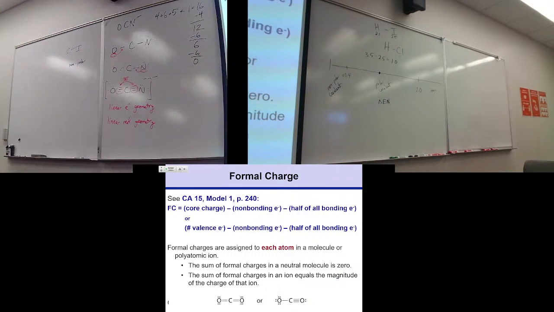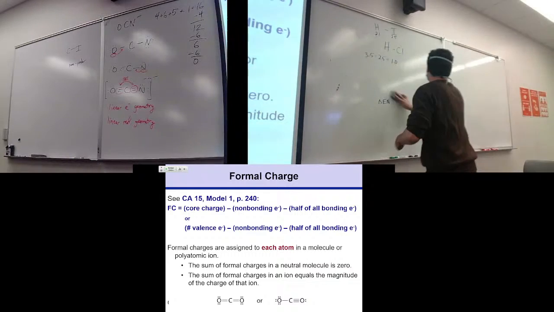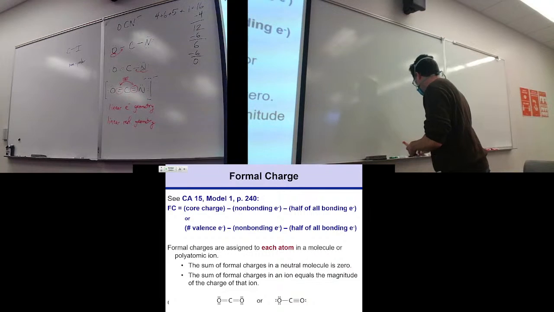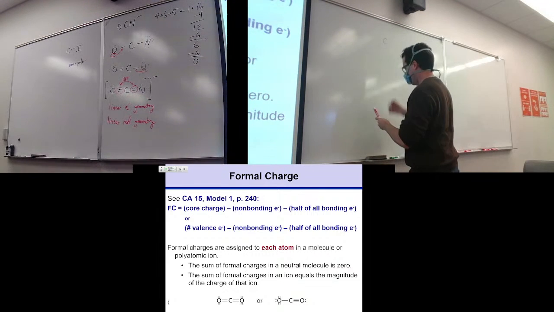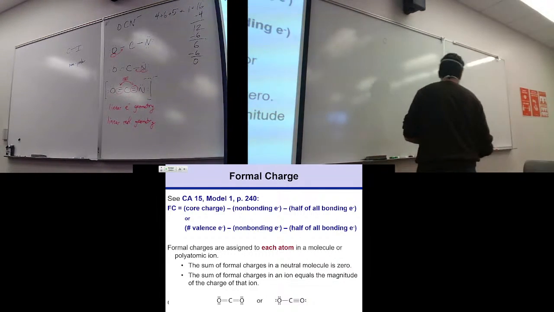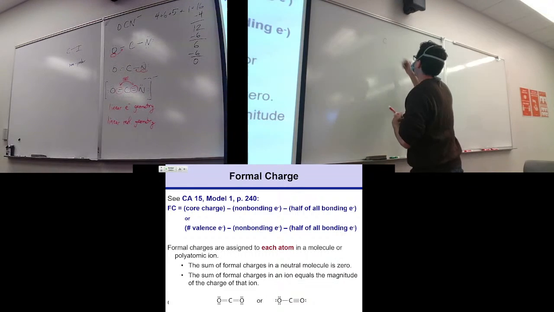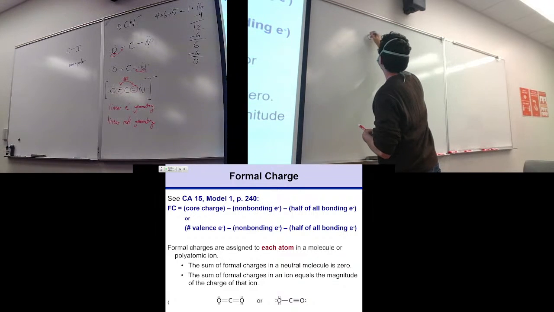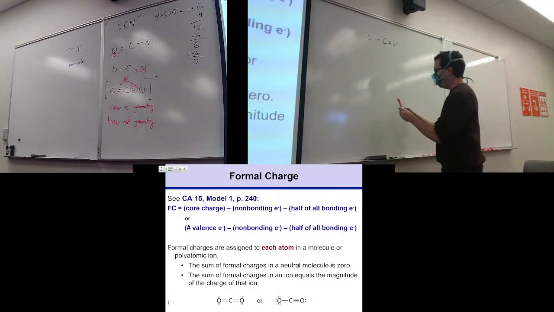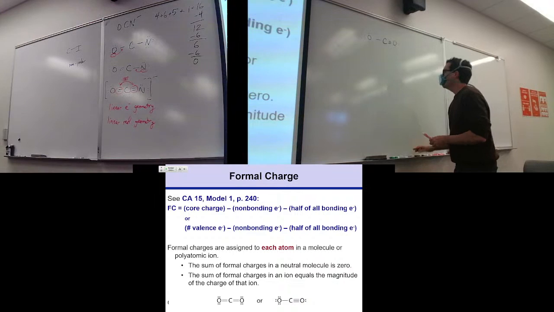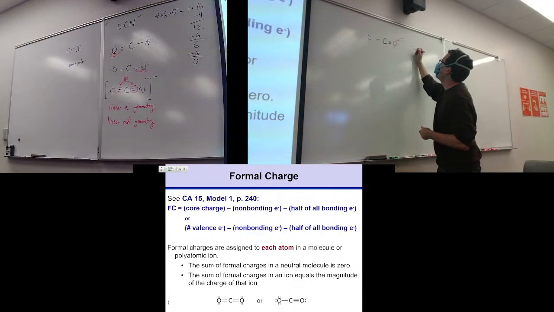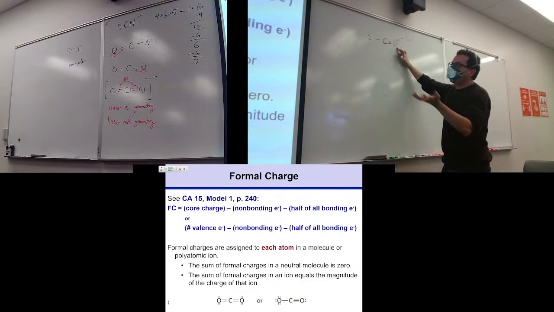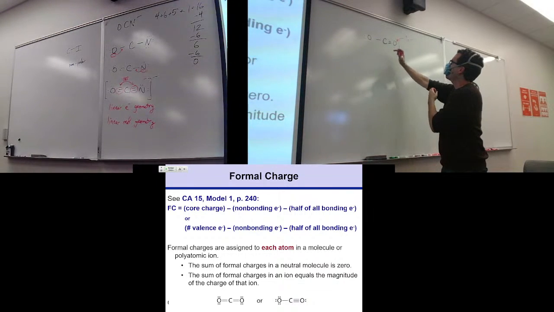Let's do the one on the right first. There we go. Triple bond. Single bond. So if we do the formal charge on this oxygen first, 6 valence electrons for the oxygen, that's group 6.